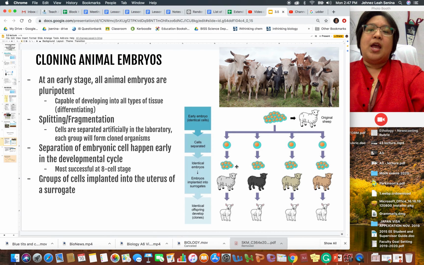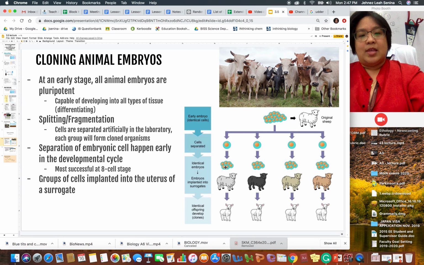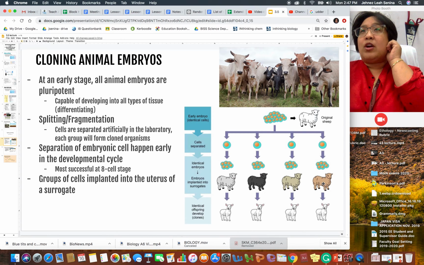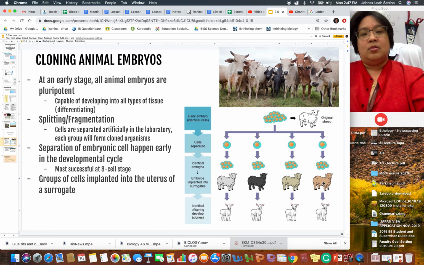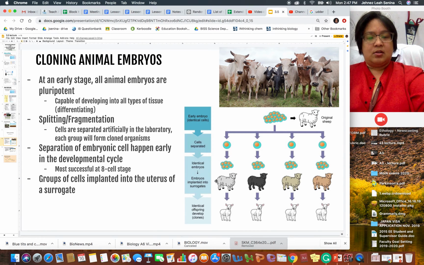All of these new sub-embryos that I made, I put in different surrogates. A surrogate is just a term for an organism that carries an embryo that's not its own. All of these surrogates will produce identical organisms.